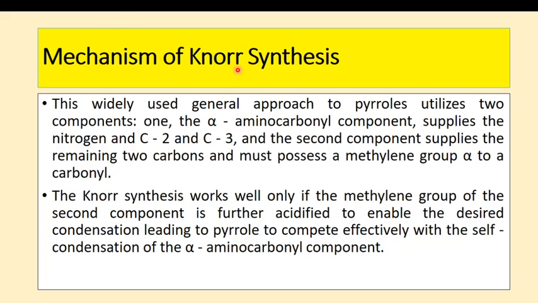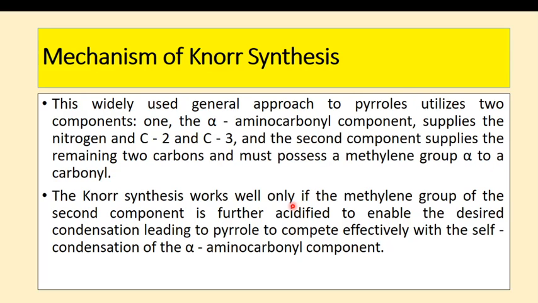Mechanism of Knorr synthesis: a widely used general approach to pyrrole utilizes two components. One is the alpha amino carbonyl component, which supplies the nitrogen and C2 and C3, and the second component supplies the remaining two carbons and must possess a methylene group alpha to a carbonyl.